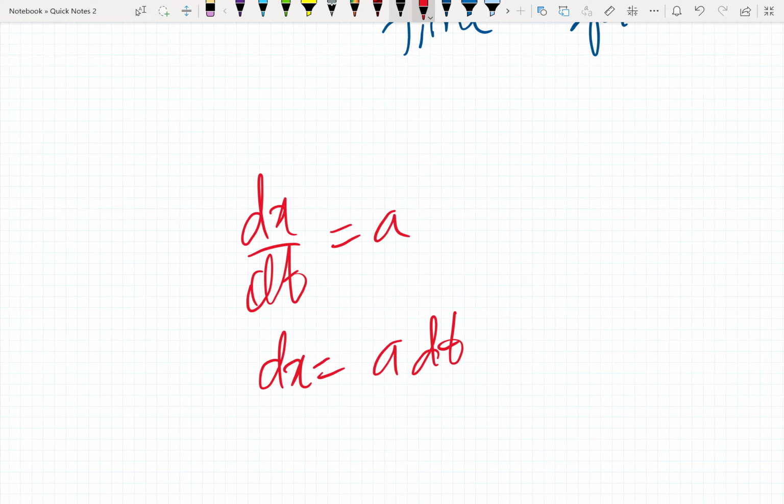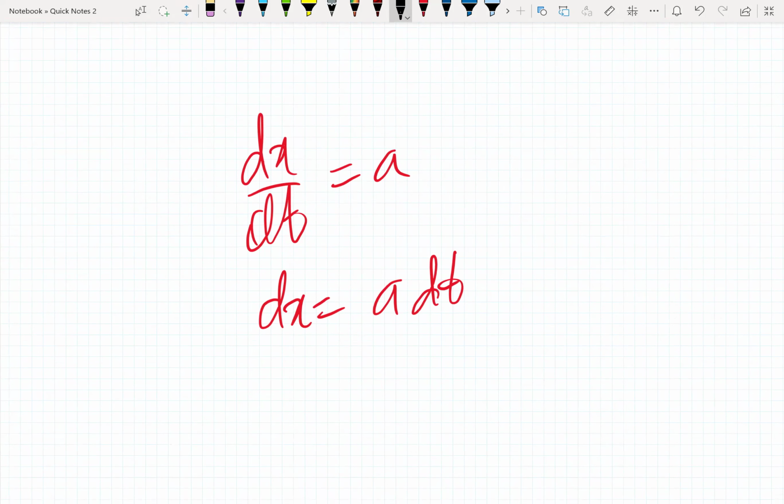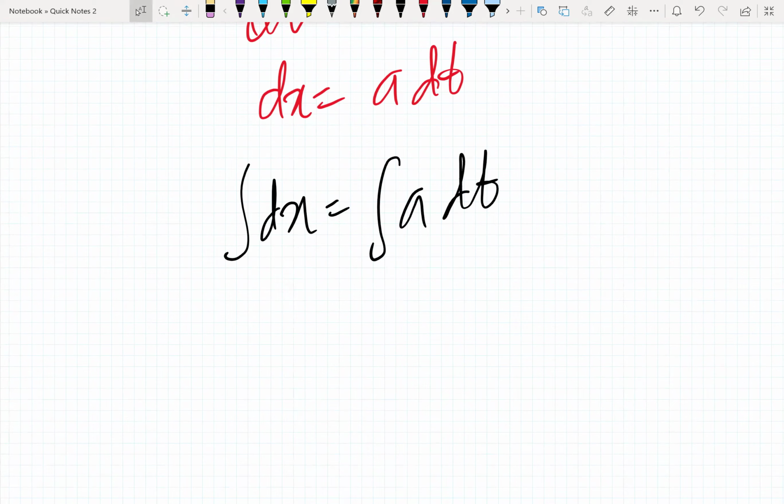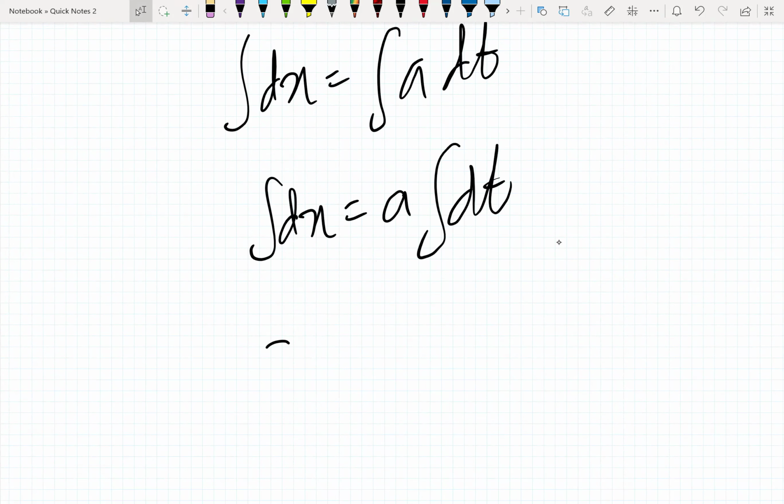Now, if we integrate, we have the integral of dx equals the integral of a dt. Since a is constant, the integral of dx is x, and a times the integral of dt is a t. Then we need a constant, so at the end of the day, x equals a t plus c.